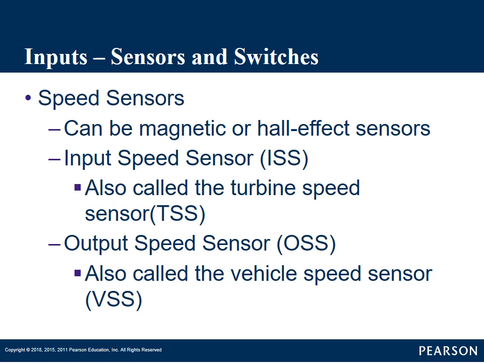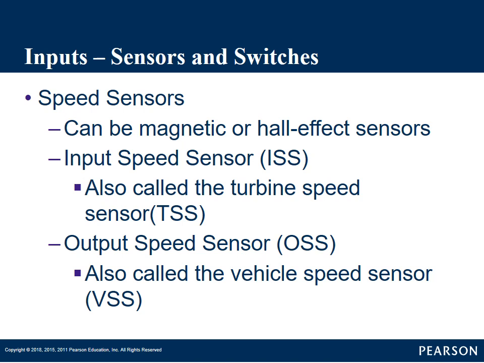Not all electronic transmissions have this. Your earlier transmissions, like your 4L60E that we've seen several times, do not have an input speed sensor. They're monitoring engine RPM as basically their input speed sensor, along with some logic from the output speed sensor to determine the actual speed of the turbine.